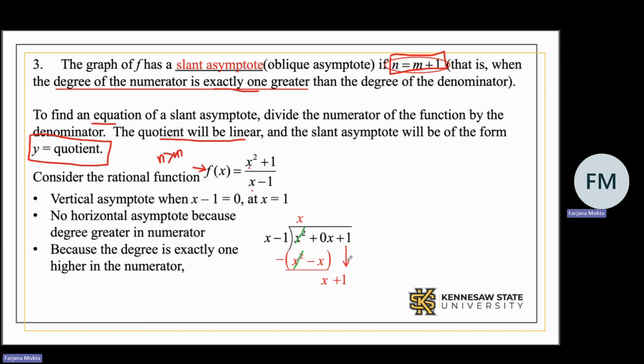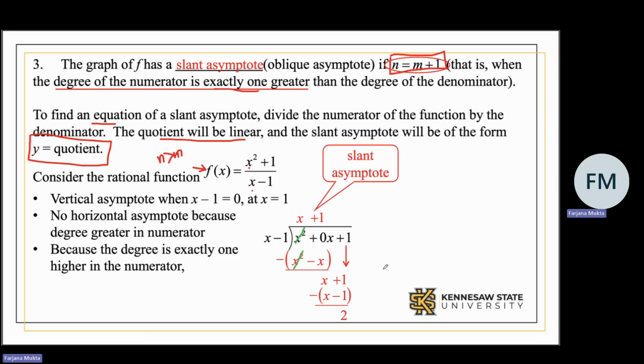Yes, we can, because this polynomial here is not yet of lower degree than the divisor. So what do we multiply with the divisor to get x? Positive 1. If we multiply, we'll get x minus 1. Now we'll subtract. The x will get canceled, and we'll have positive 2 as a remainder.